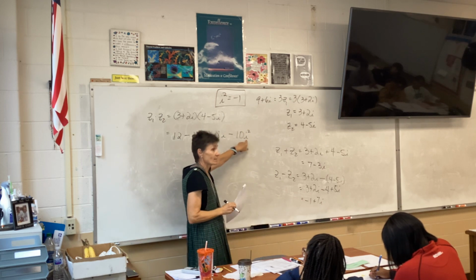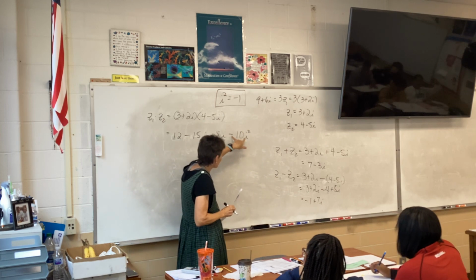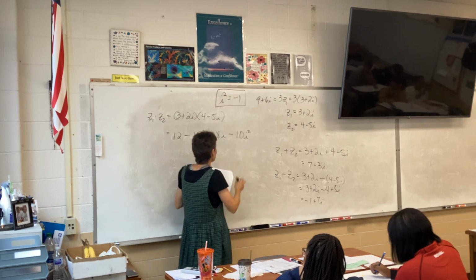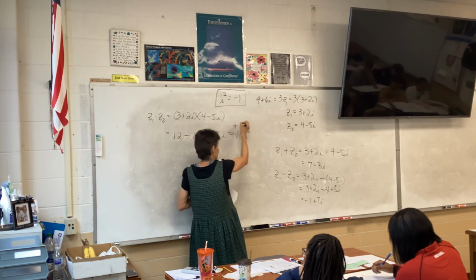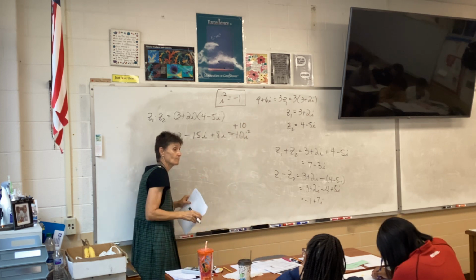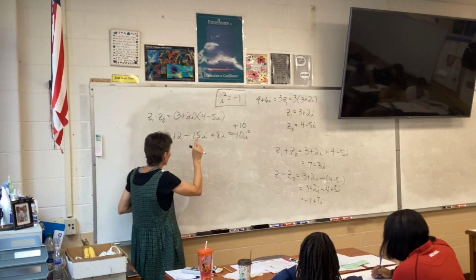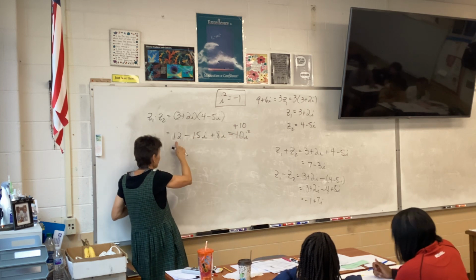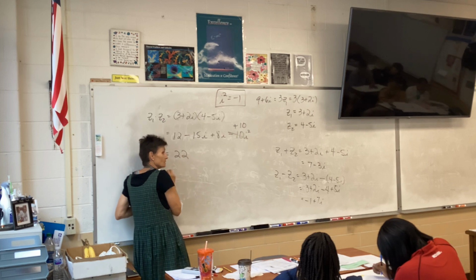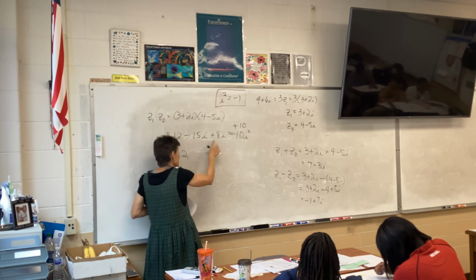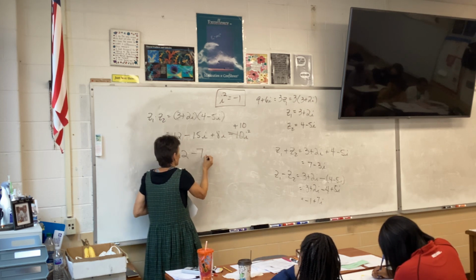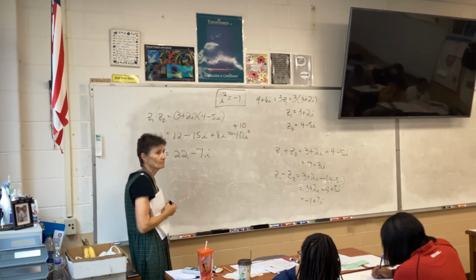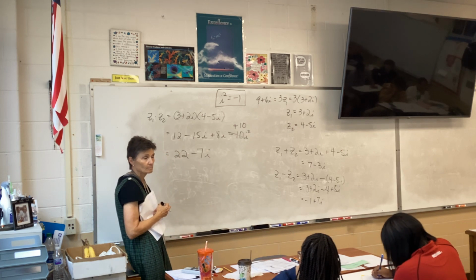If i squared is negative 1, then when I times these together, that is going to become plus 10. Would you agree? So now that plus 10 can be combined with the 12. And these two were already like terms. So there's my answer. Right?